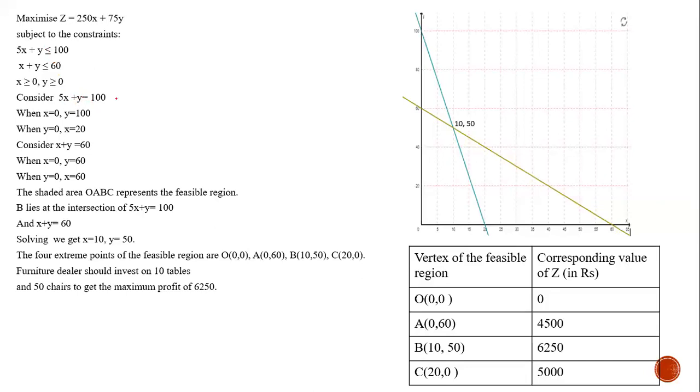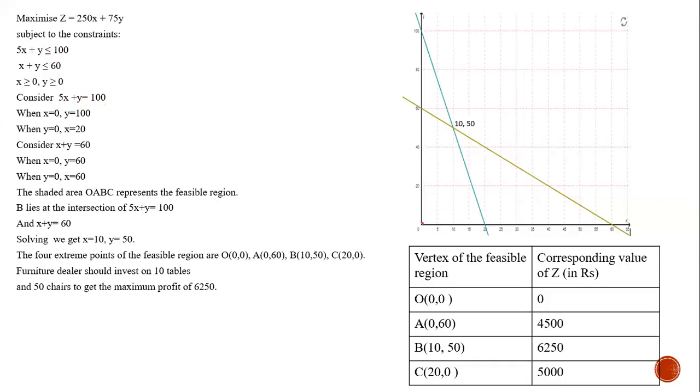We want to know only the xy coordinates, so let us take x as equal to 0. When you take x as 0, we get y as equal to 100. Similarly, let us take y as equal to 0, so that x will be equal to 20.